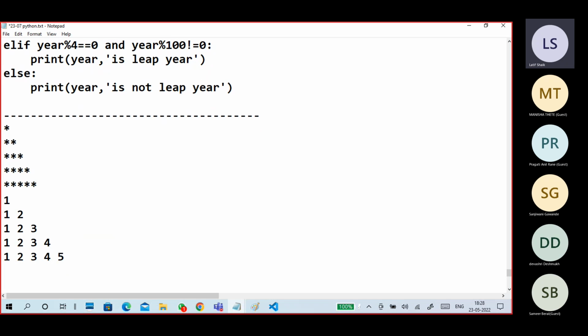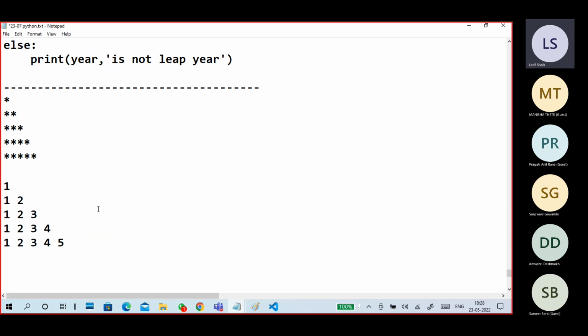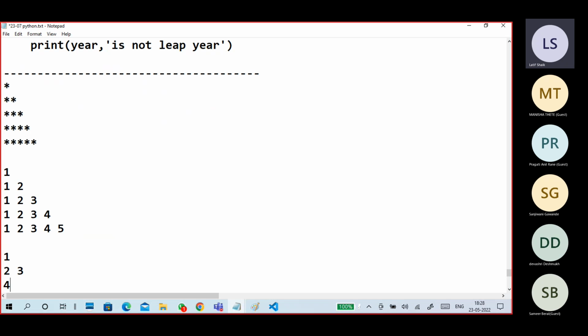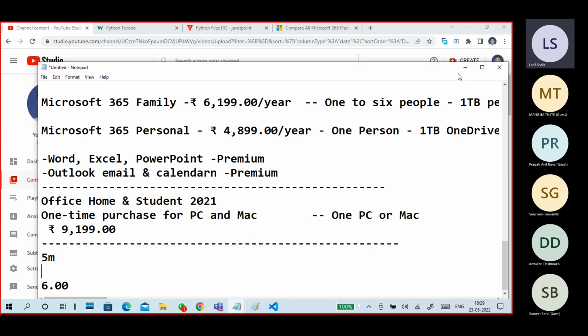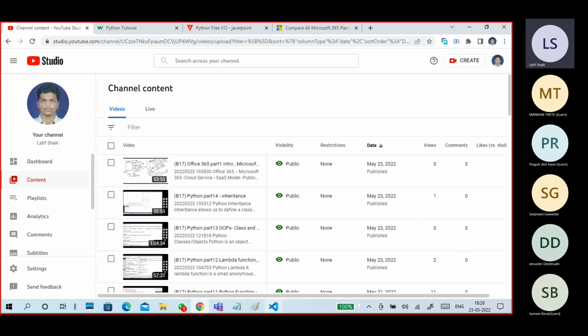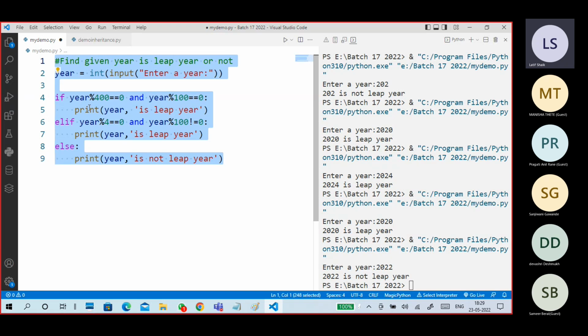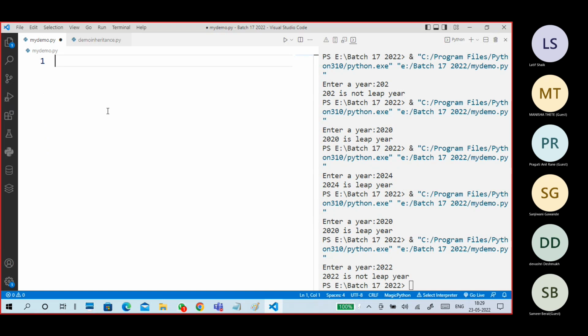There are different ways. You know, I quit C programming, so I don't remember the questions. I've seen sometimes these questions: 1 2 3 4 5 6, this type of sequences also. For everything there is a logic, so find out the logics also. Some are not at all difficult.